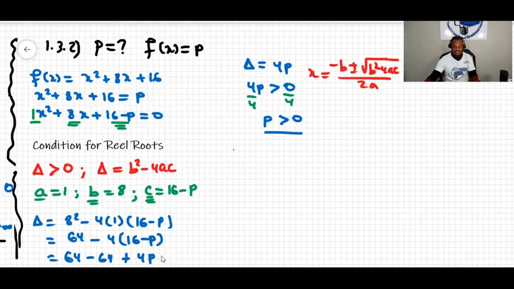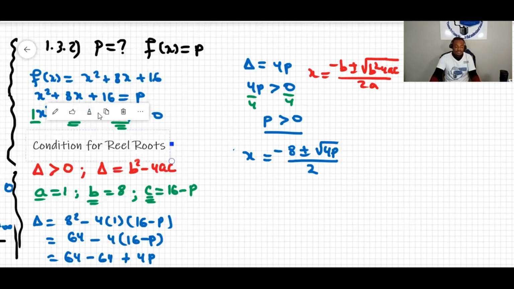So we can say it will generate real roots if we have negative b plus minus the square root of b squared minus 4ac, the discriminant, which is 4p. So square root of 4p over 2, because a is just 1. Now, what should then be the condition for having unequal roots?